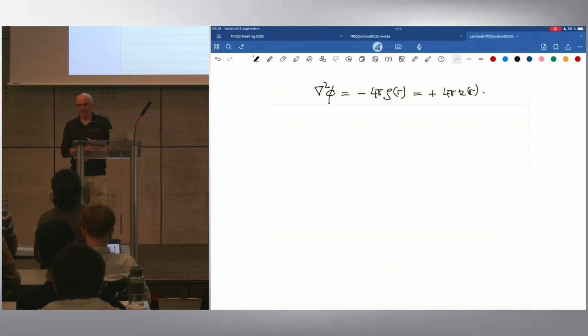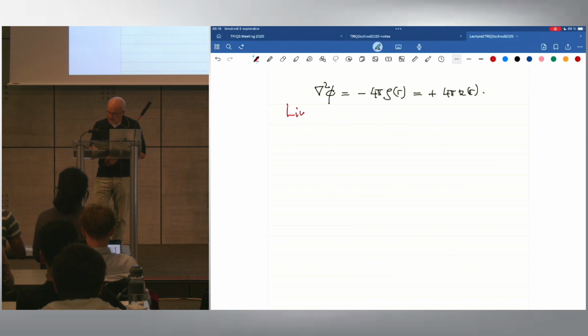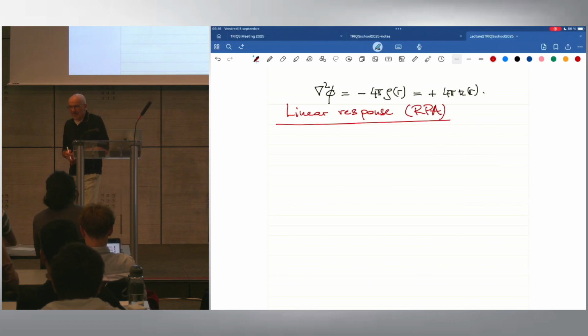Okay. Good. So now let me do linear response to describe screening, say, in something like the electron gas, otherwise called RPA for reasons that are never so clear to me. But let me do that.